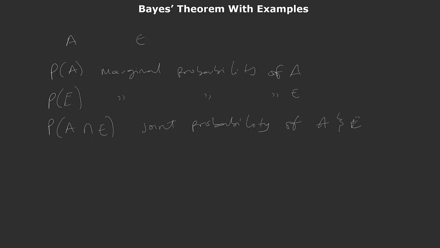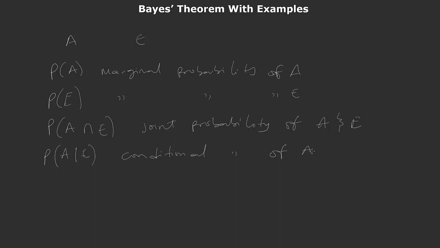Then another term I need to introduce you to is conditional probability. If you are told to find the probability of A happening, given that event E has happened, you call this conditional probability of A. So these are some of the terms you need to familiarize yourself with.